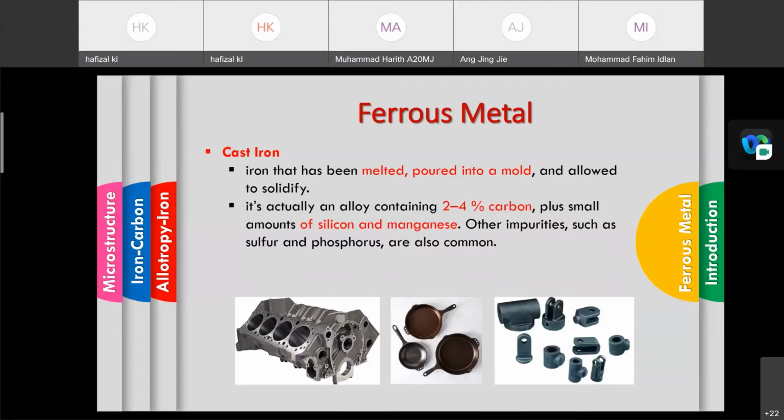After this we will see in the phase diagram the composition of carbon in terms of steel and also cast iron.